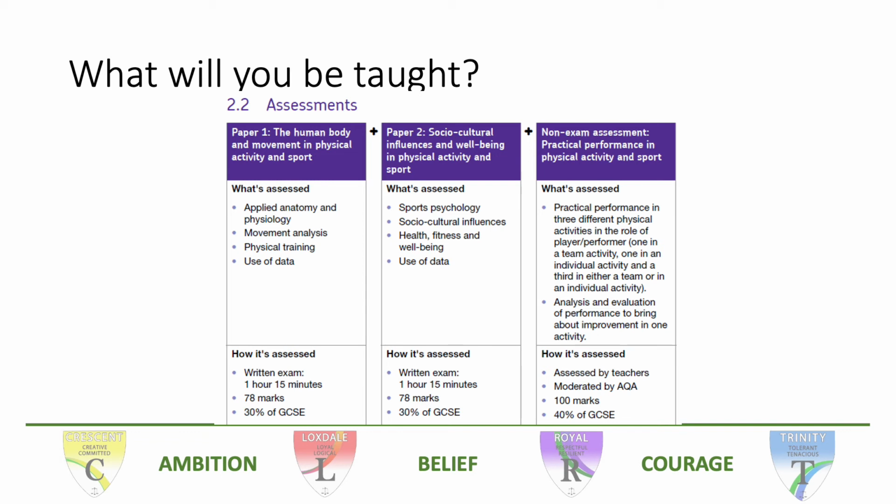And both of those exam papers are 1 hour and 15 minutes each, 78 marks, and worth 30% each of your final grade. And then you can see the last box, it just shows you about the non-examined assessment, which is your coursework. So you do an analysis and evaluation, which is 25 marks, 3 sports, which are all 25 marks each, giving you a total of 100 marks, which is 40% of your overall grade.